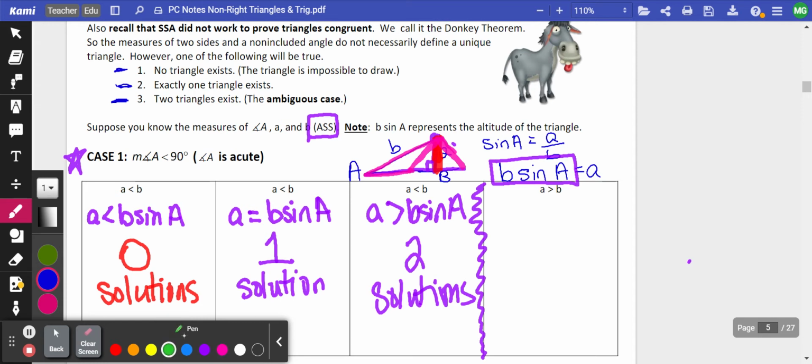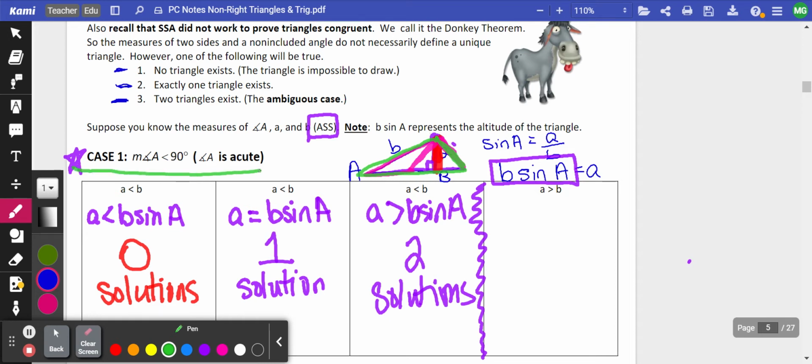I'll go with a different color. Going out this way, which would have made this triangle. So we would actually get two possible solutions in that case. And in that case, we would have to solve for both solutions, showing the triangle could be this size or it could have these measurements.